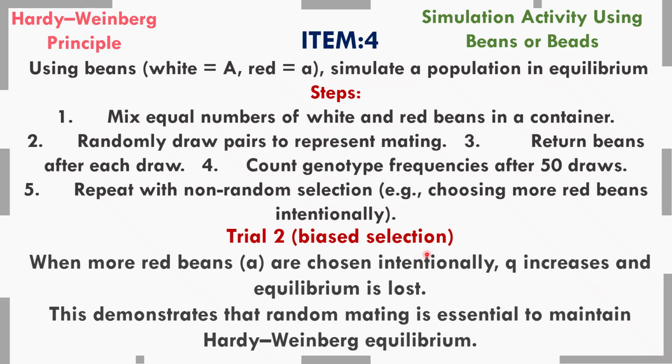This is a biased selection. When more red beans, small a, are chosen intentionally, q increases and equilibrium is lost. This demonstrates that random mating is essential to maintain Hardy Weinberg equilibrium.